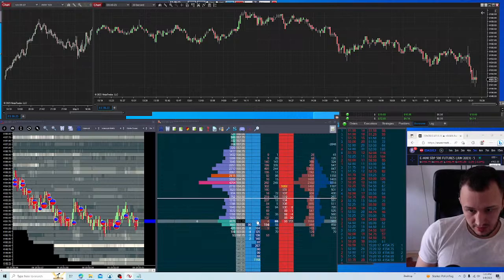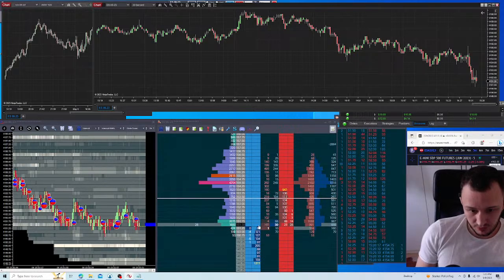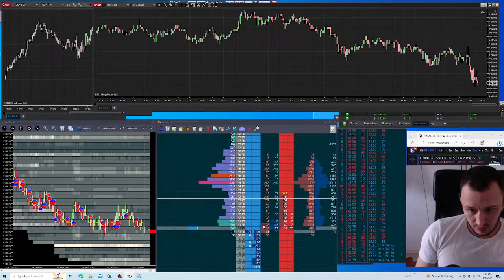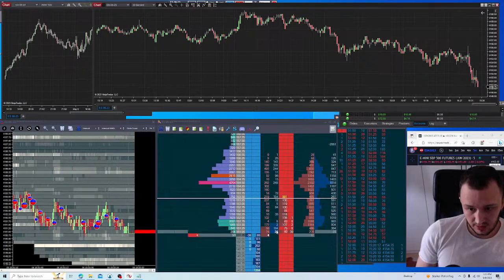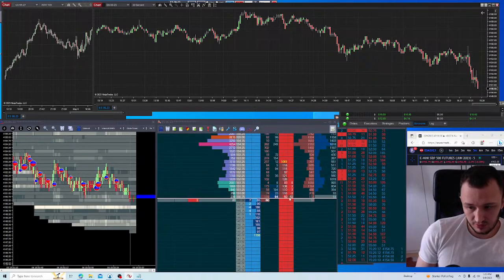A lot of mid-size selling here in the 5150s, but it's just getting absorbed for now. More mid-size selling here. Mid-size buying, but it gets offered strongly.